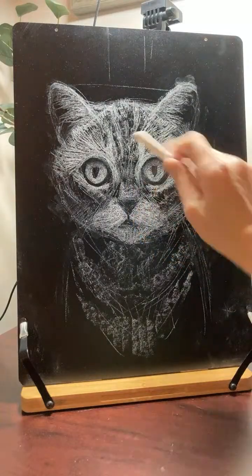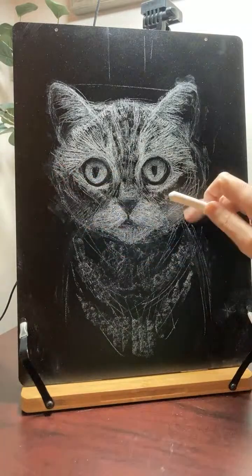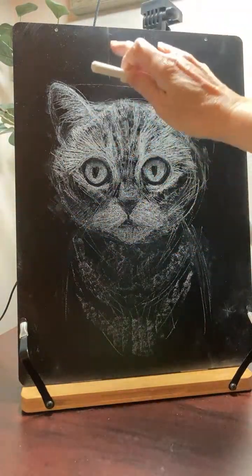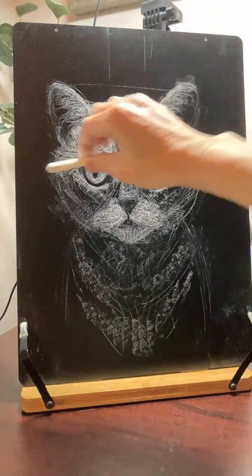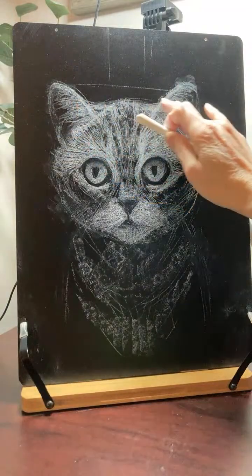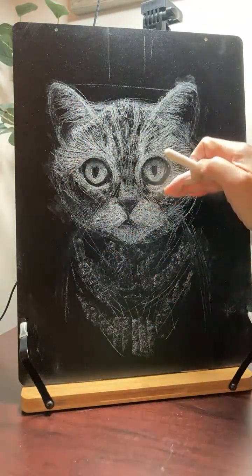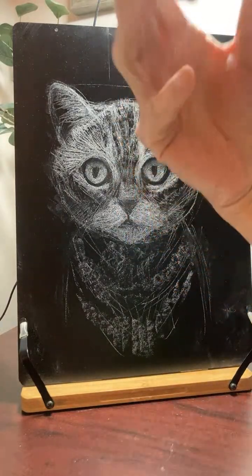Okay, now we move to the bottom half of her face. All this above is lit by the light source, so this looks so bright. And everything under this will be dark except for the mouth, because the mouth is coming out.